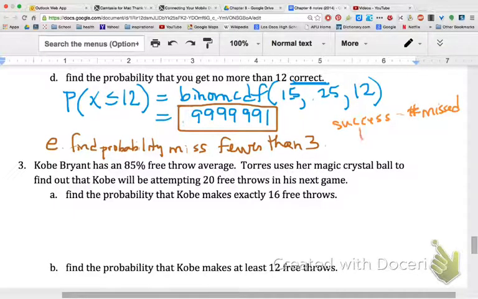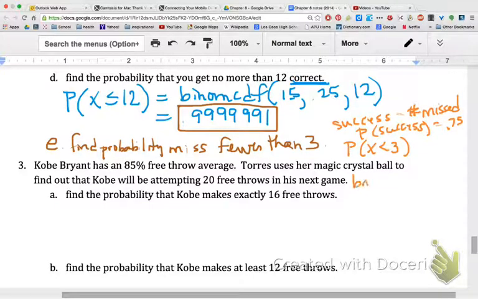So the probability of success is missing, so it's now 0.75. So probability fewer than 3 would be less than 3. And again, it's accumulating. It could be 0 or 1 or 2.